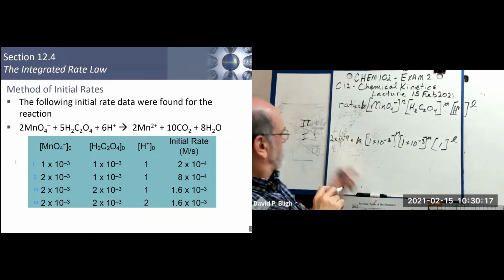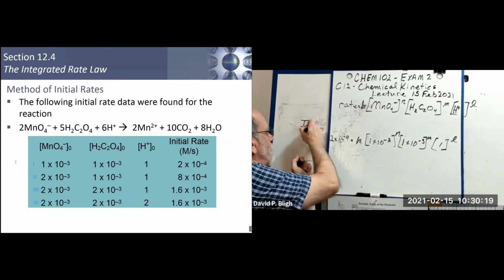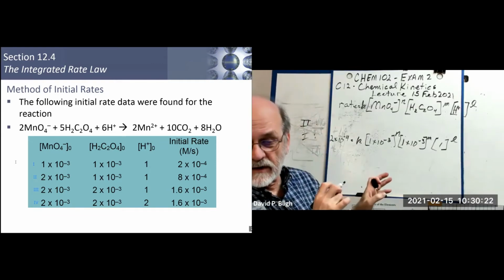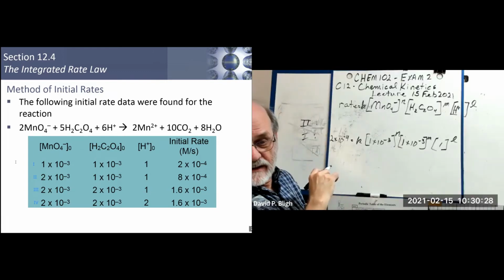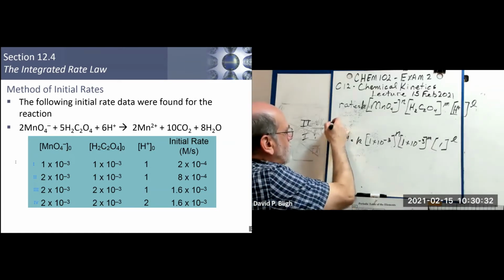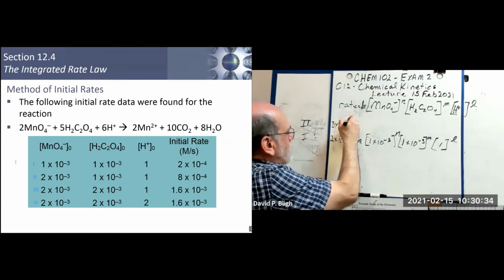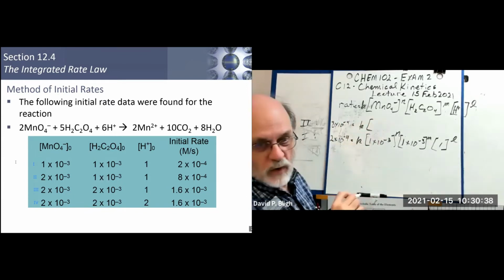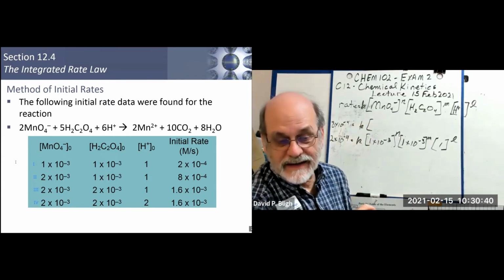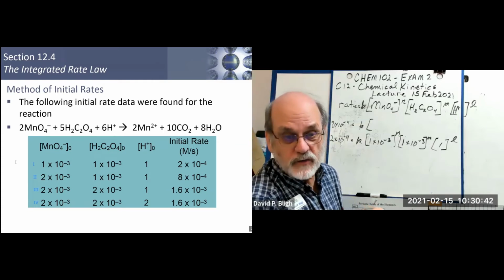Now, if we do the Roman numeral 2 experiment, what does its rate law look like? Well, it'll be a different initial rate, 8 times 10 to the minus 4, is equal to K. And then what's manganate now is 2 times 10 to the minus 3.